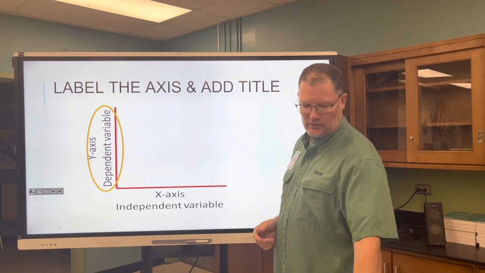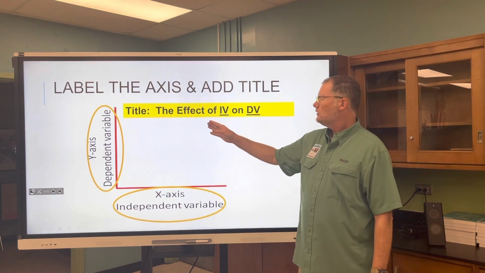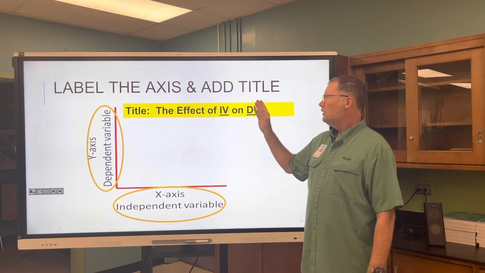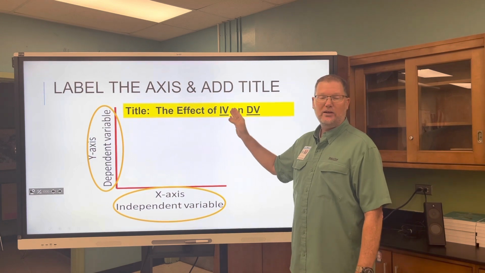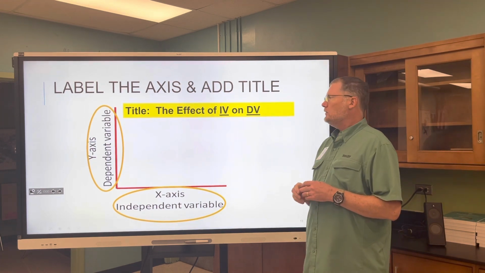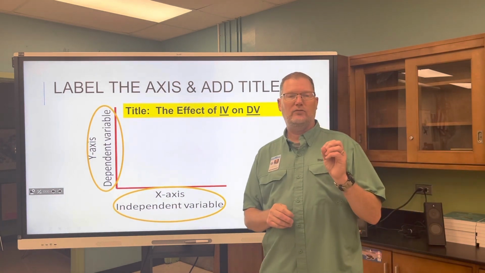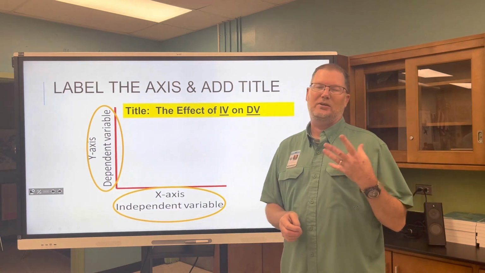And then, of course, the title is always going to be the effect of, that's not the number 4 in Roman numerals, that's independent variable, on the dependent variable, okay? The effect of independent variable on the dependent variable. Now, of course, that's not going to be the actual title.